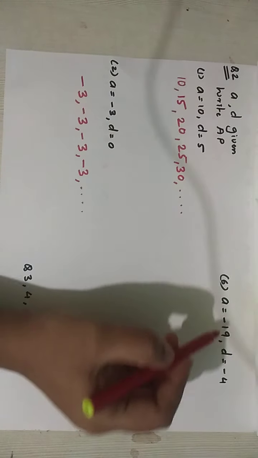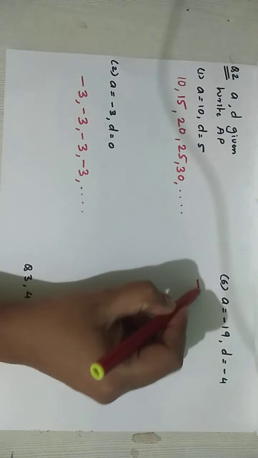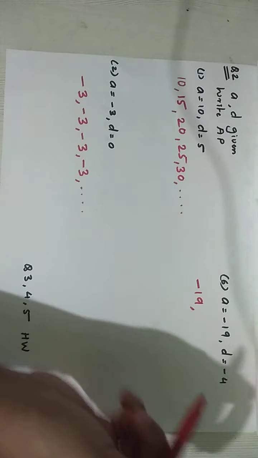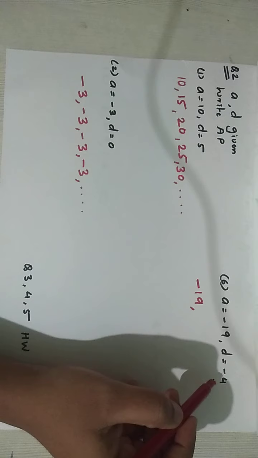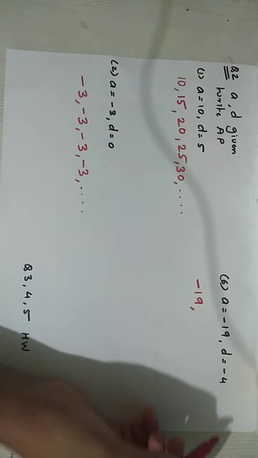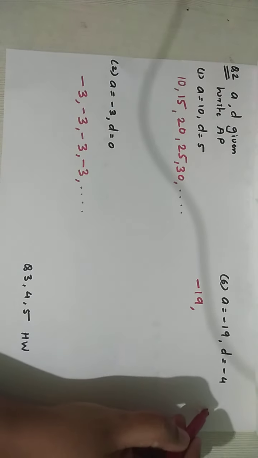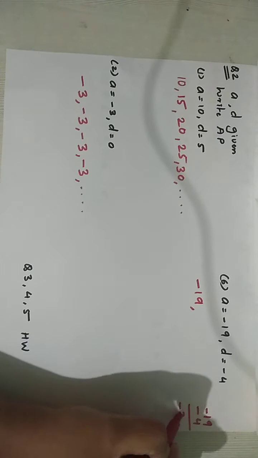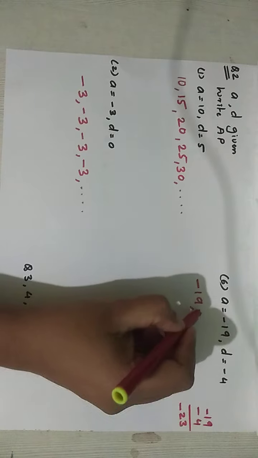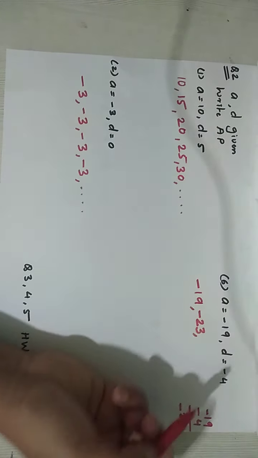Then the next sum is A is -19. That means the first term will be -19. And every time you need to add -4. Now if you're comfortable doing it directly, fine. Otherwise you can use working column. Children, the next term will be -19 -4. The answer is -23. So the next term is -23.